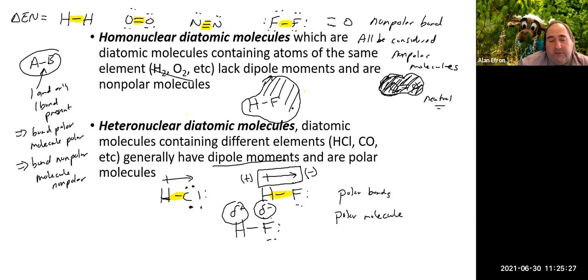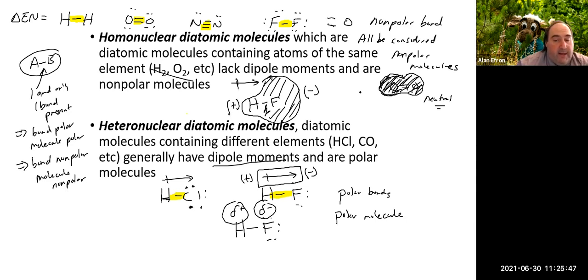more of the electrons hanging out over here on the fluorine, which is why this side would become more negative, less of the electrons hanging out over here, which is why it becomes more positive, and why when we draw that arrow, it's pointing towards the fluorine there, and this is over the hydrogen part of it.